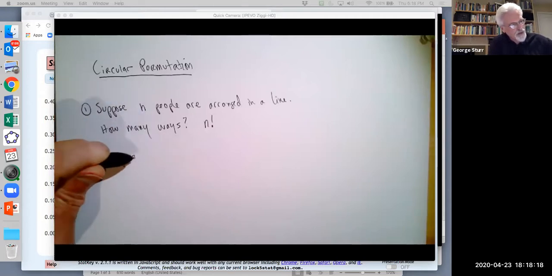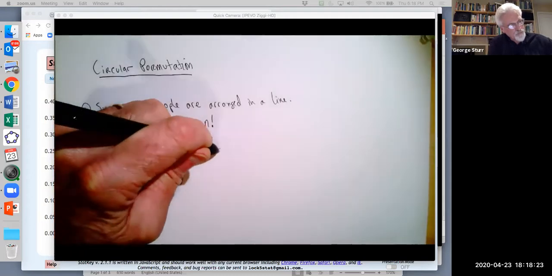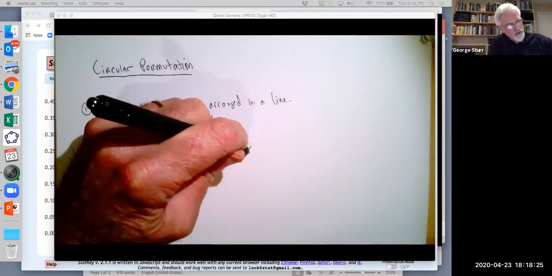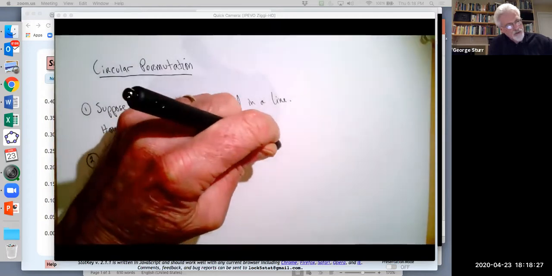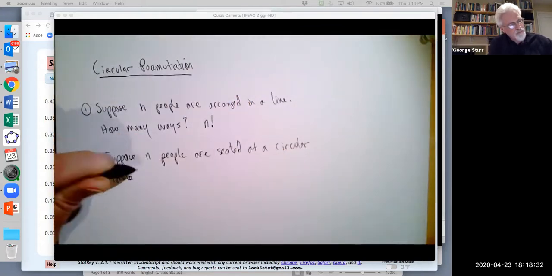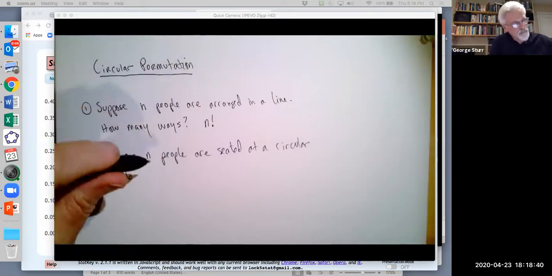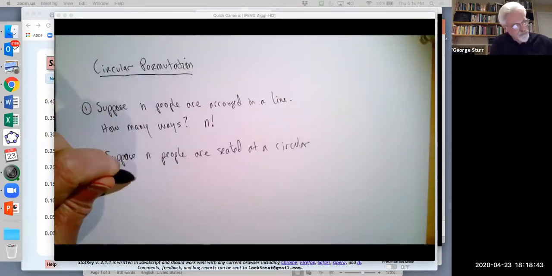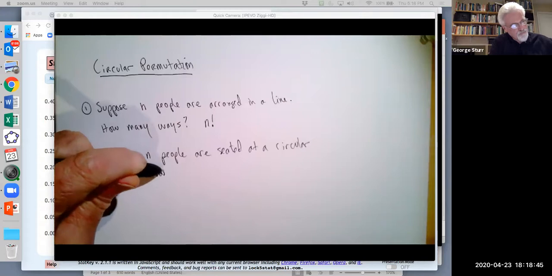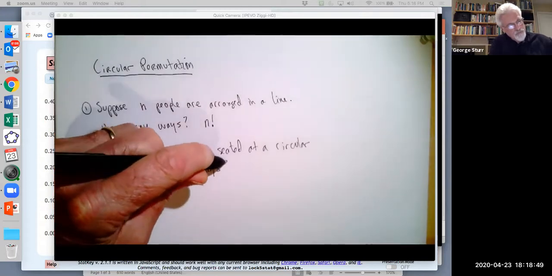Suppose n people are seated at a circular table. Or I could say n people are put in a circle to hold hands or something like that. How many ways?